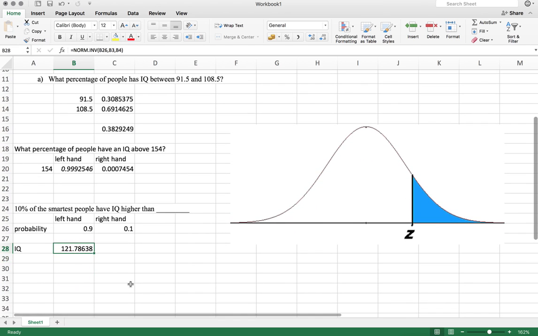So the number that we get is the IQ, of which 10% of people have a higher one. So 10% of people have an IQ higher than 129.8. This concludes this tutorial on the normal distribution features in Excel.